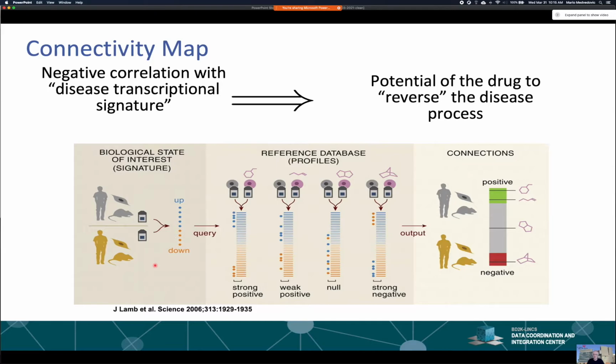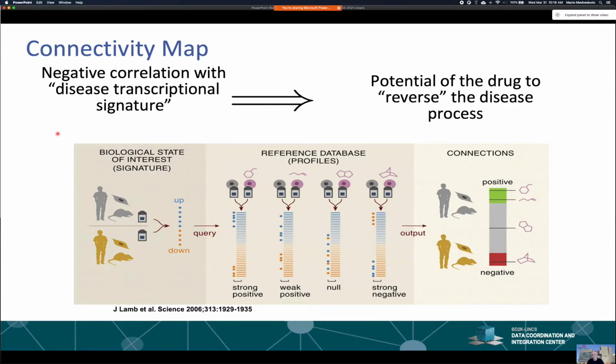So it's a very simple concept. It sometimes works. Most of the time it doesn't work because it's probably oversimplified. But in many situations it offers very valuable insights, even if it doesn't result in figuring out the drug or treatment for a disease.